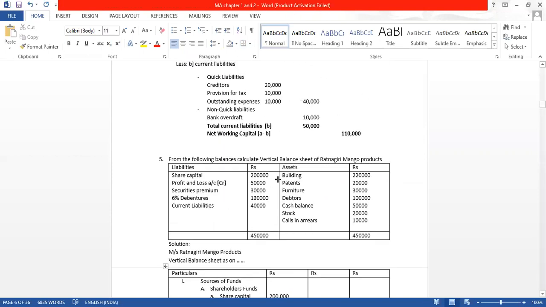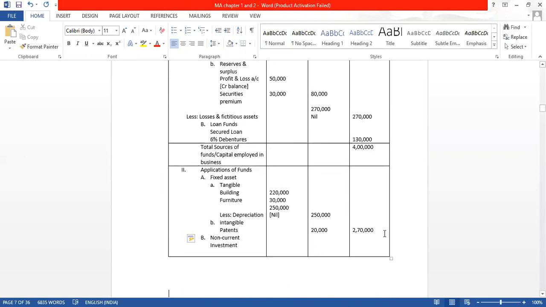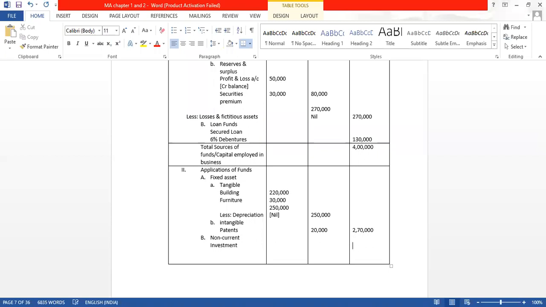We cannot see any investment here. So non-current investment is nil. We have not done any investment. So we come to the third part, that is the working capital.